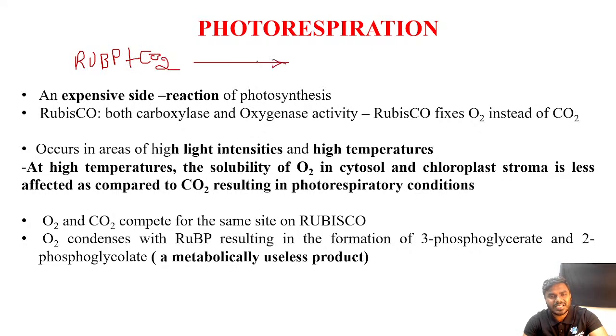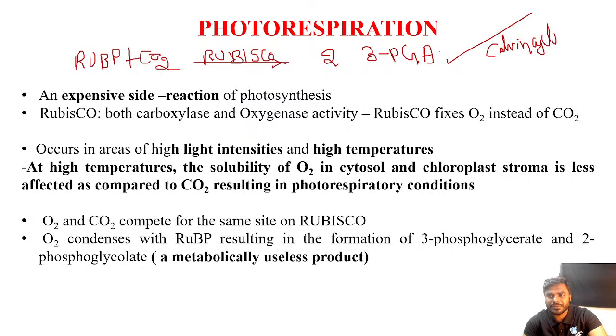What is the enzyme here? The enzyme is Rubisco. Here Rubisco has fixed carbon only. No problem. RuBP is 5 carbon, Rubisco fixes 1 carbon, total 6 carbon. We already read that we then get 2 molecules of 3-PGA, and the Calvin cycle will continue without fail.